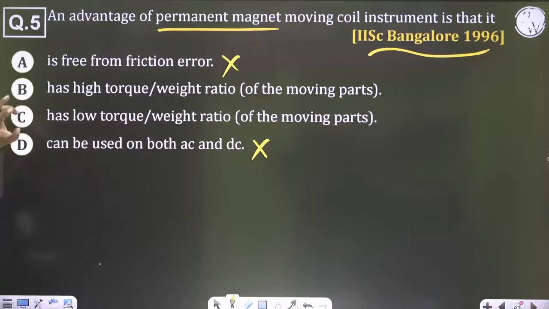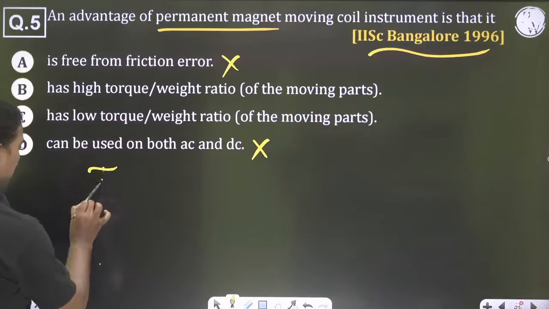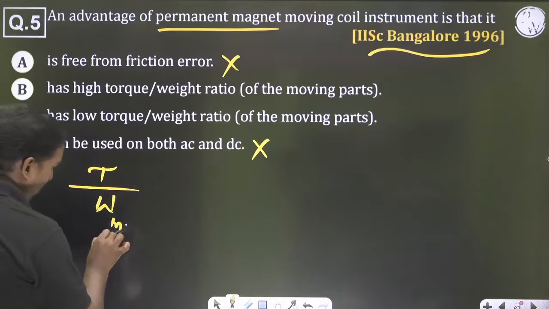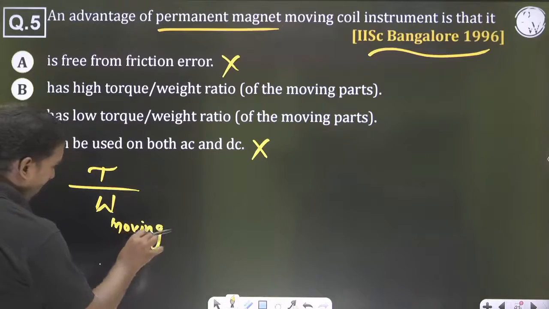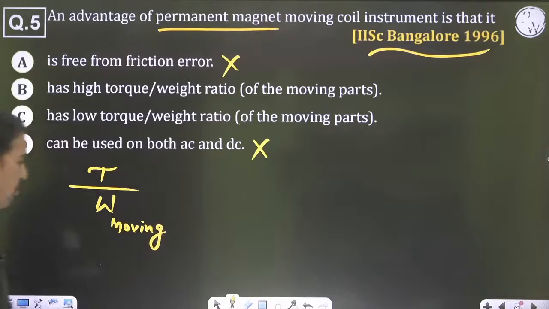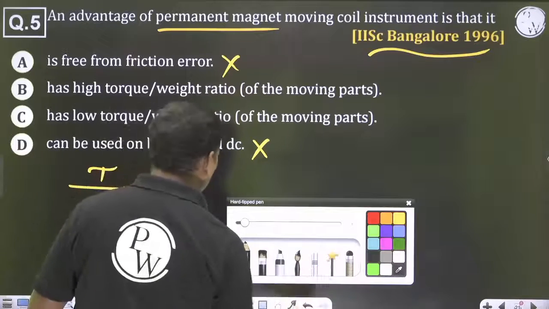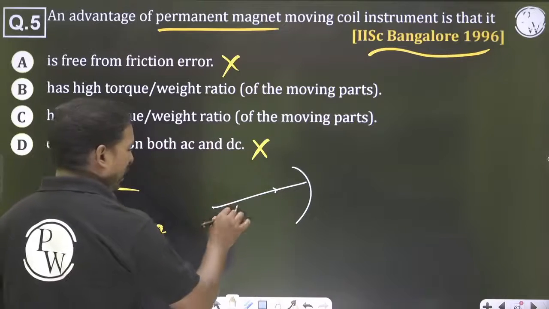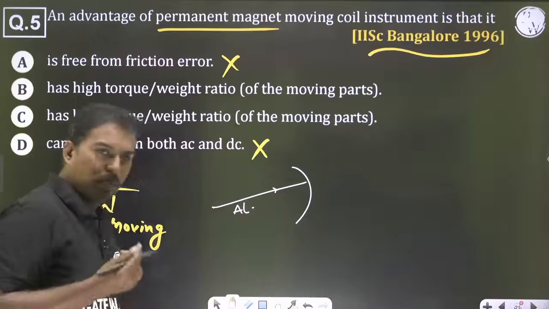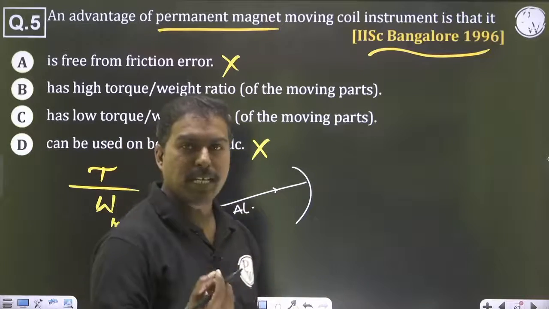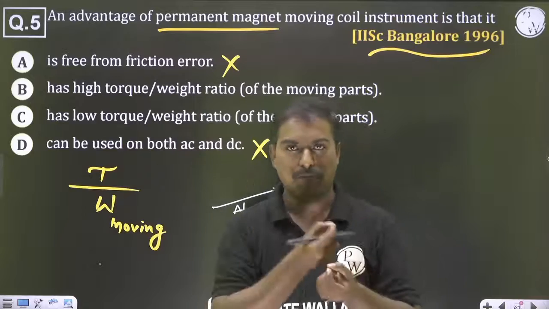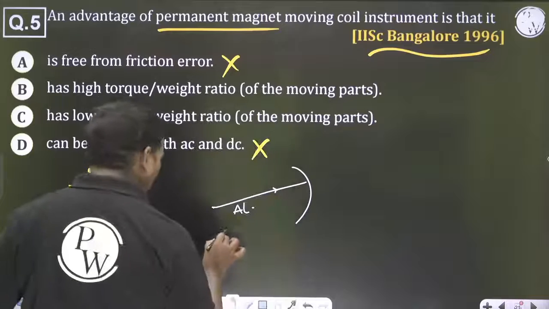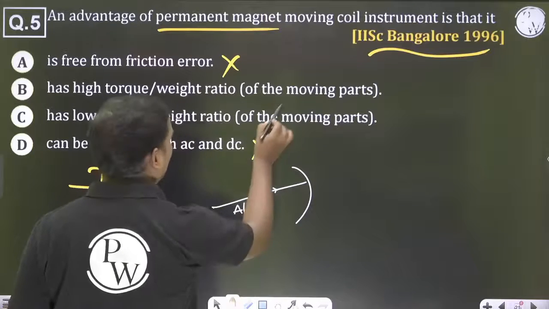Next, the torque to weight ratio. What do you mean by torque to weight ratio? The weight ratio of moving parts. In the PMMC, the moving part is what? The moving part is a pointer, right? This pointer is made of aluminum, and aluminum is lightweight. I think all of you know aluminum frame and aluminum base are lightweight.